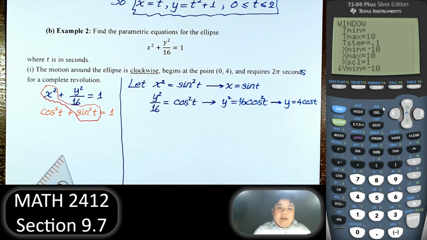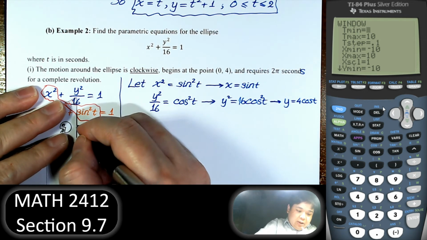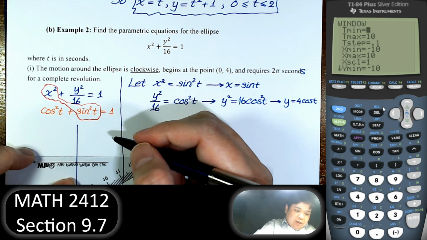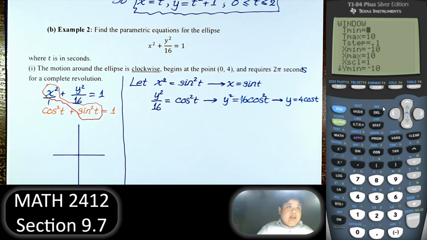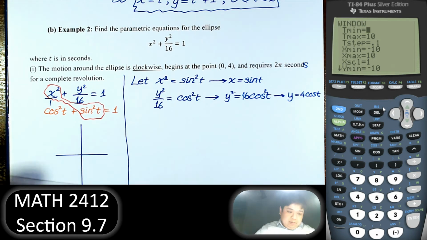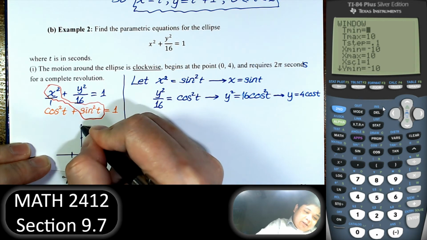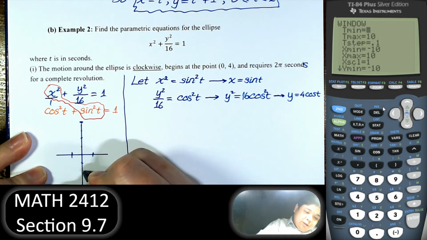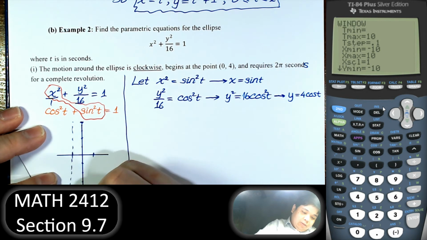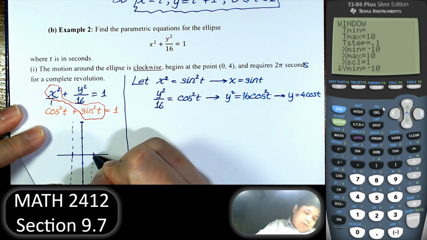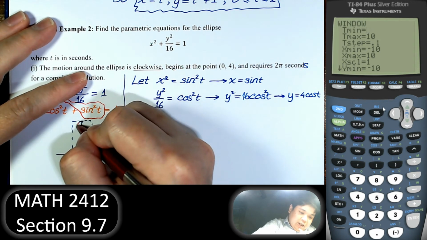Now, we need to check though. By the way, this is an ellipse. Below the x squared is 1, so we go 1 unit left and right, and then 4 units up and down. So the ellipse will go in this direction.